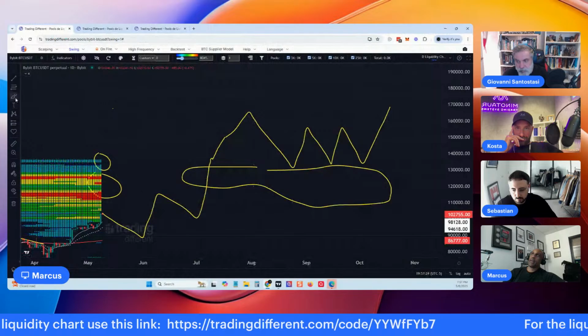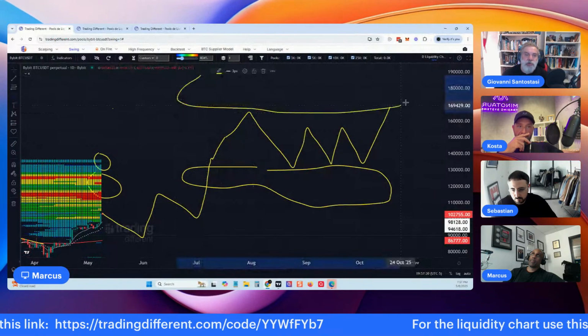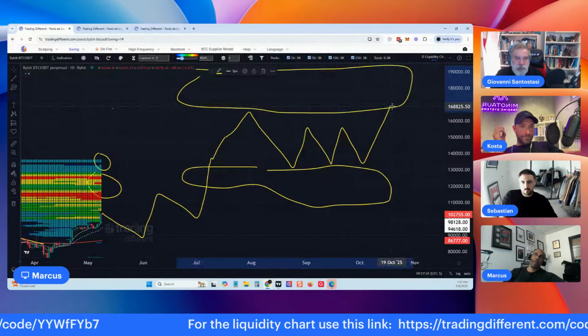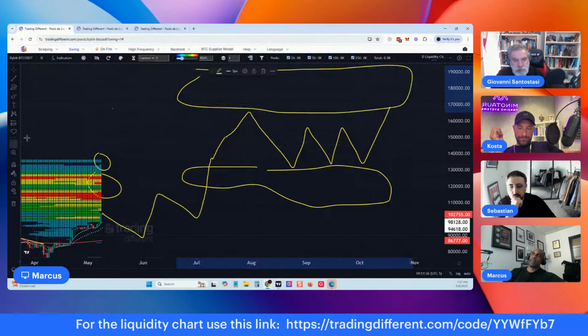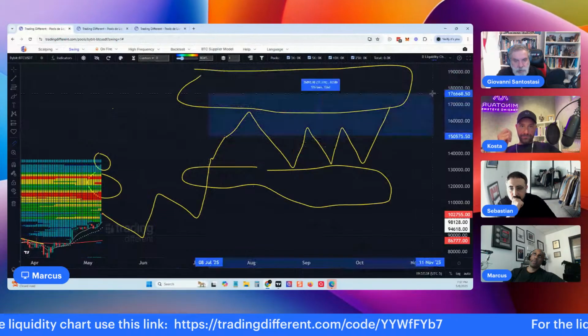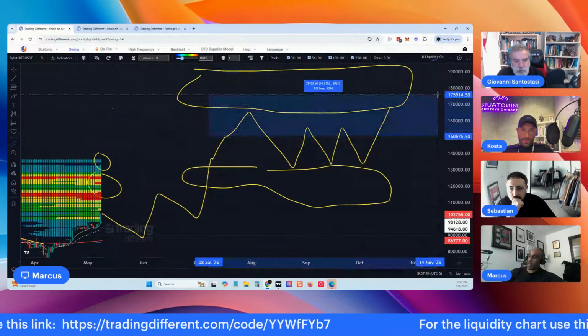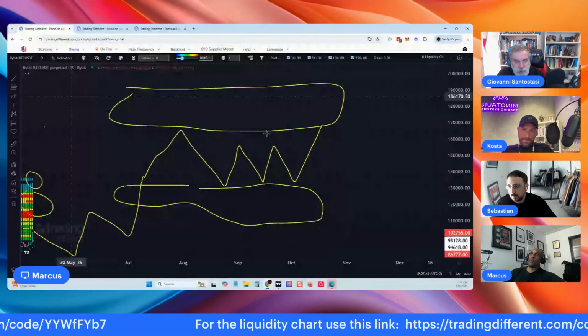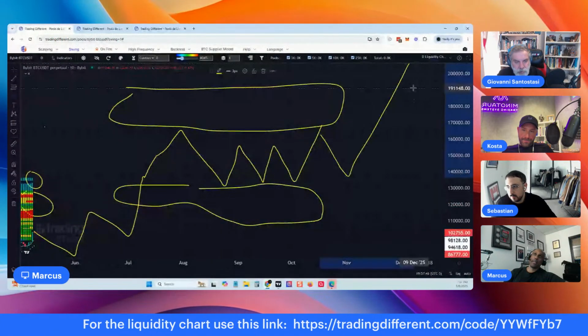Then you start building a liquidity pool up here that gets you to 200. Well, when are you going to harvest the pool? It's going to take a couple of months or so to harvest, so that puts you at the end of the year. That's November right there for potential harvest of this new pool. Come down, you harvest that one. That's the end of the year.